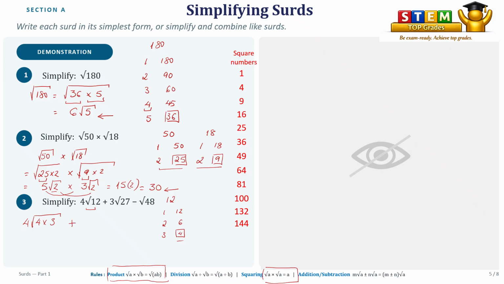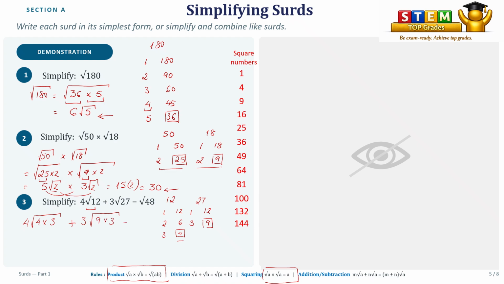Now we're going to work out 27, which is 1 and 27. You can't do 2, you're going to go for 3 and 9. So 9 is the square number here, okay, the bigger square number. So we're going to write 3 multiplied by 27 is split as 9 and 3, and square root of 48.